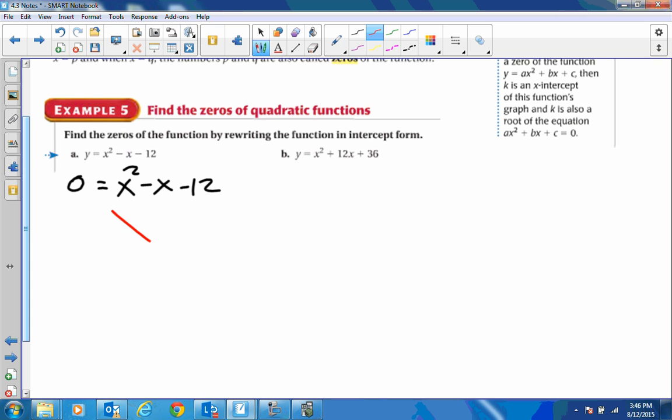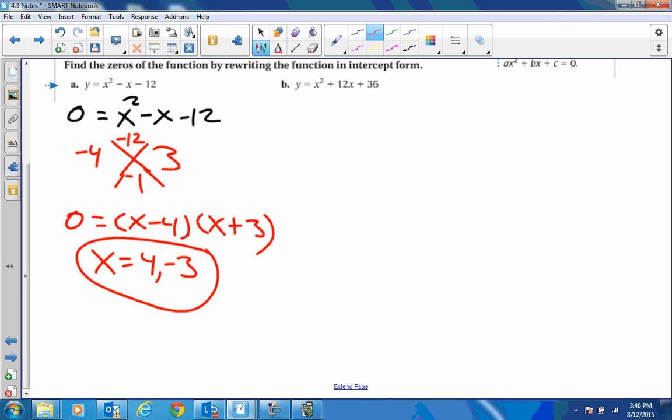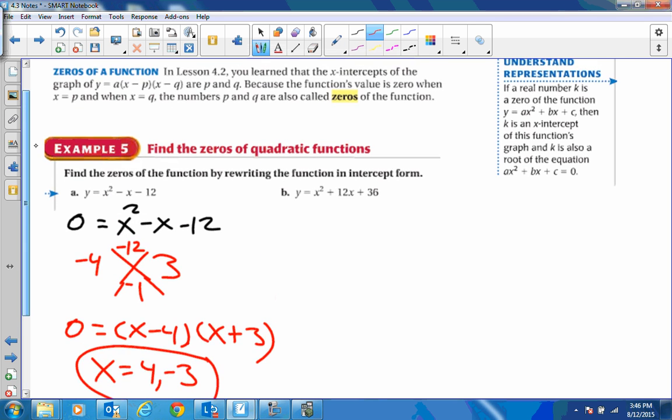You want to factor it. So factors of negative 12 that add to negative 1 would be negative 4 and 3. Negative 4 plus 3 is negative 1. Negative 4 times 3 is negative 12. So you rewrite it as 0 equals x minus 4, x plus 3. And your two answers would be 4 and negative 3. And those would be the zeros of that function.